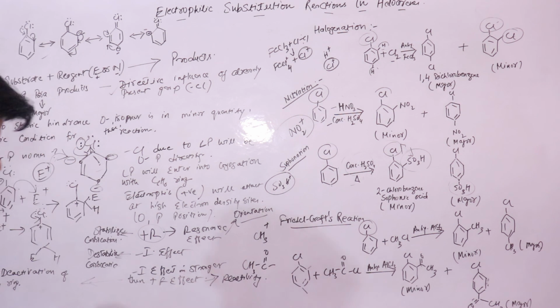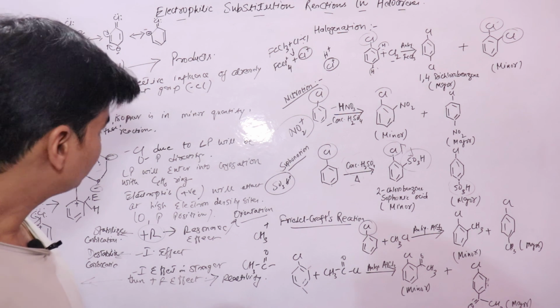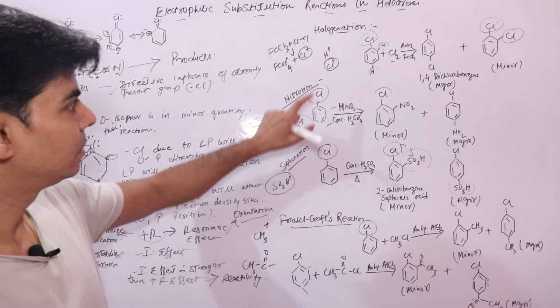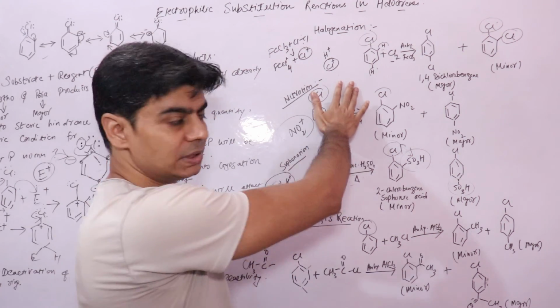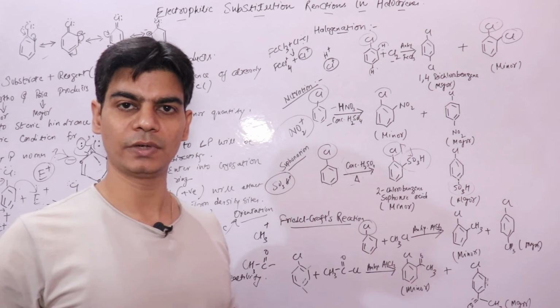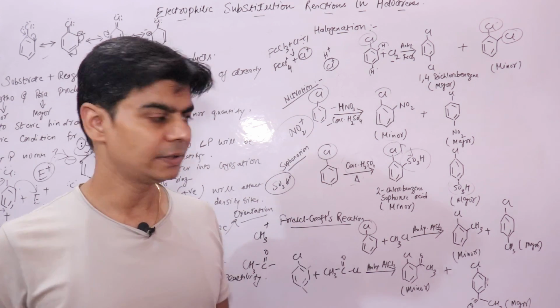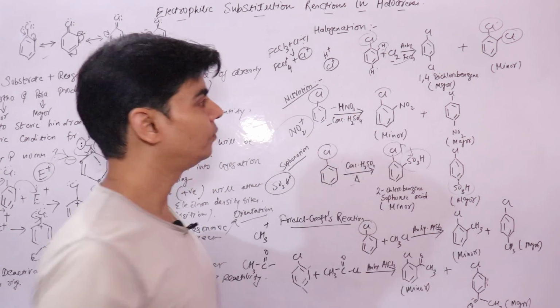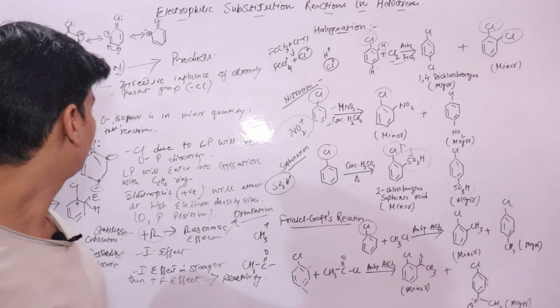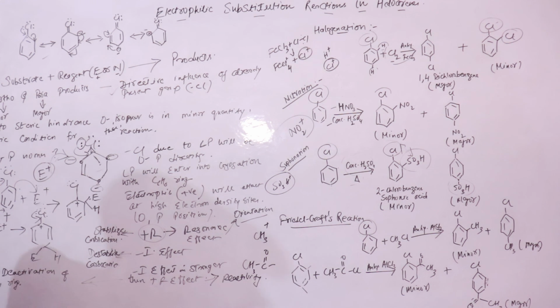I hope this is clear, right? This reaction is quite important, so understand it. I'll just quickly recap. This is chlorobenzene, which will undergo an electrophilic substitution reaction where the electrophiles generated by these reagents will attack the benzene ring at ortho and para positions.